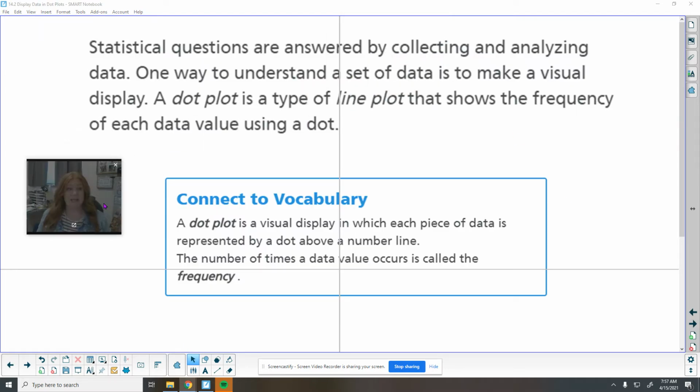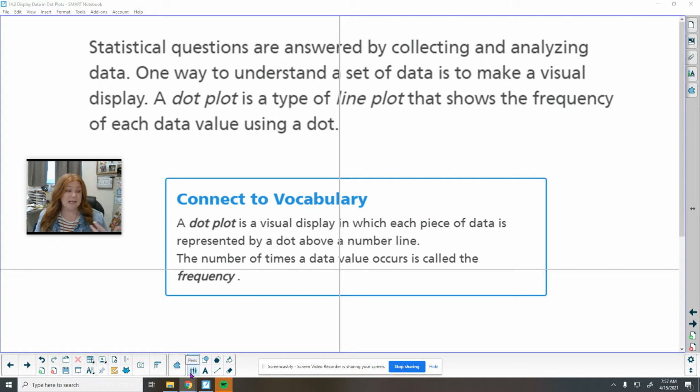So before we get going, some information we need to just understand is remember those statistical questions are questions that can be answered with a variety of answers, and we can collect and then we can analyze or understand that data. So one really nice way to use the data is to make a visual display, a graph, a chart. So a dot plot is just a type of line plot that shows the frequency of each data value using a dot.